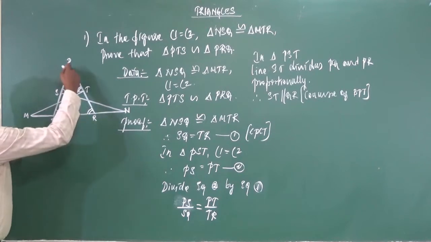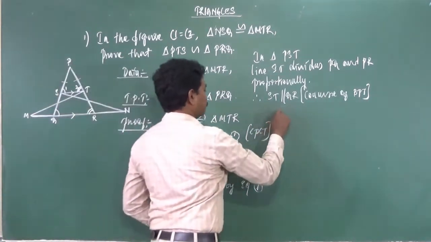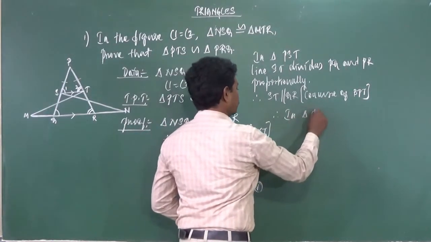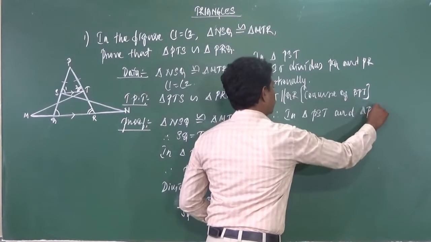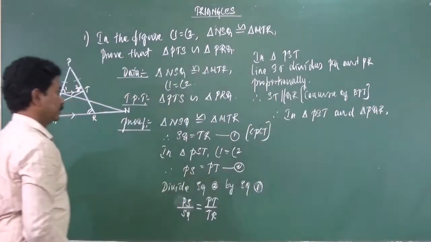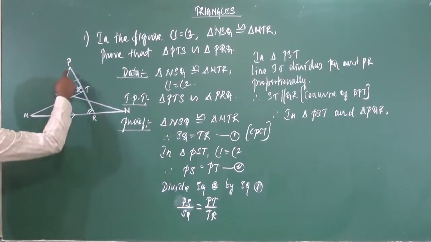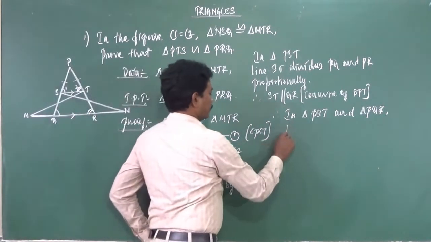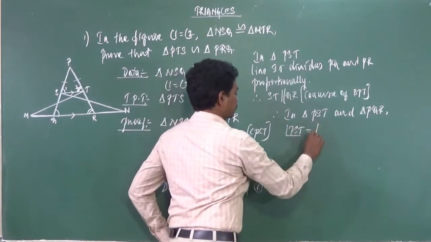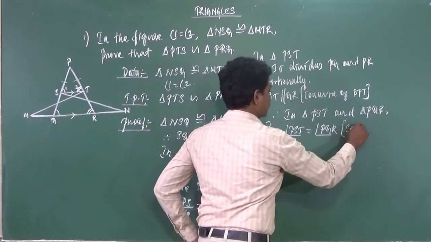So in triangle PST and triangle PQR, angle PST is equal to angle PQR, reason is corresponding angles.